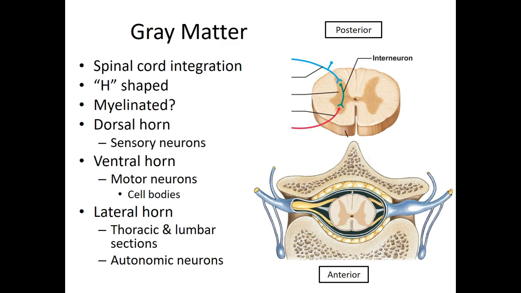In fact, a lot of those responses that we're not conscious about, so we consciously are able to control skeletal muscle, but some of those other responses from our central nervous system we're not able to control. Those are autonomic neurons that originate in the lateral horn. So they're coming off this little section of that gray matter.